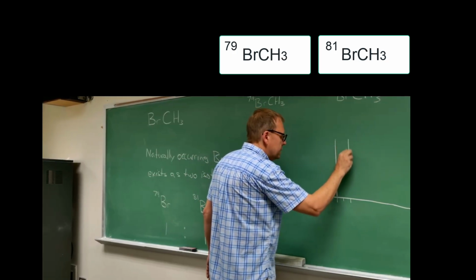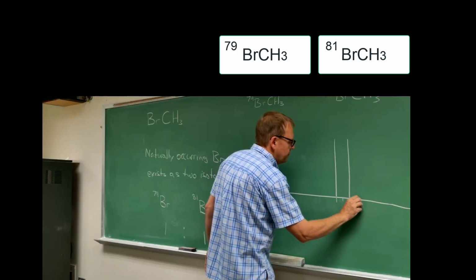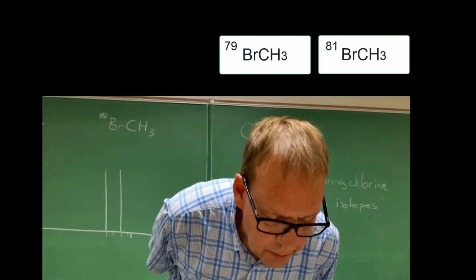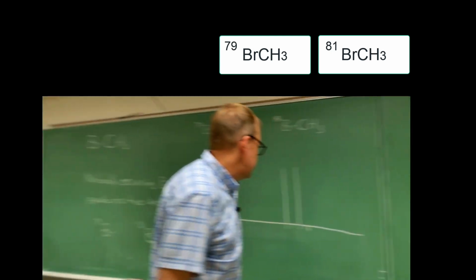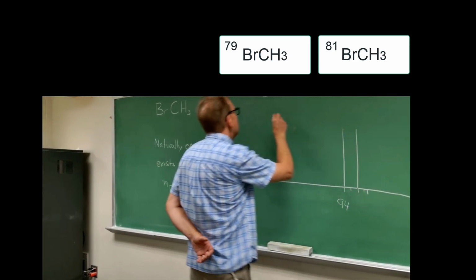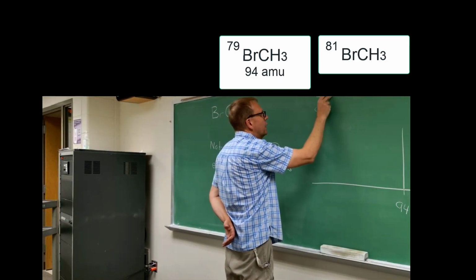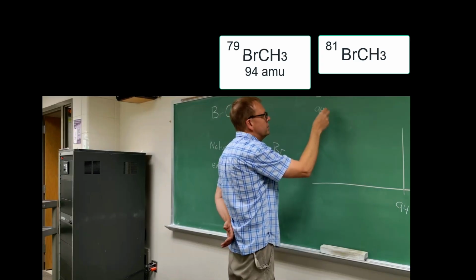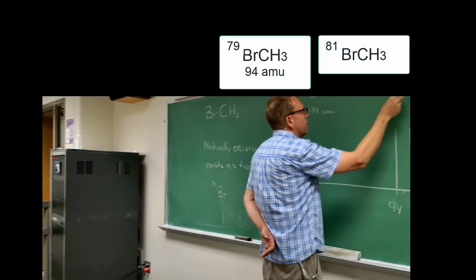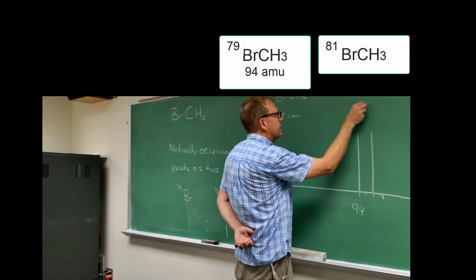And they're going to have peaks that are roughly the same intensity. So the bromine 79 example weighs 94 mass units. This one has a mass of 94. When you take 79 and 12 and then 3 for the hydrogens, you get 94 atomic mass units. And the one that contains the heavier bromine 81 just weighs 2 more, so that's 96.